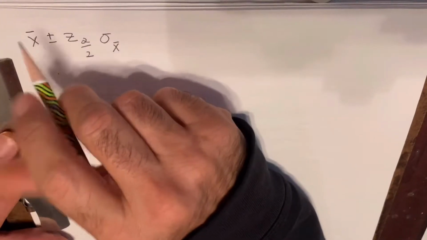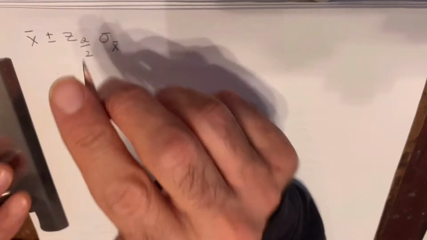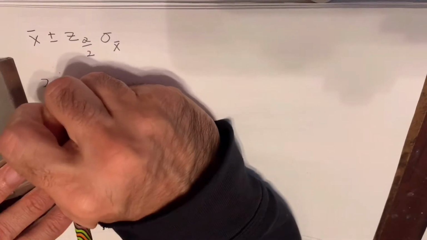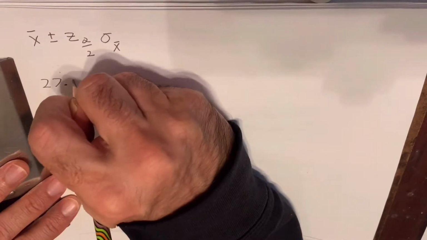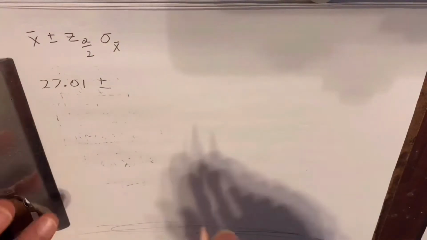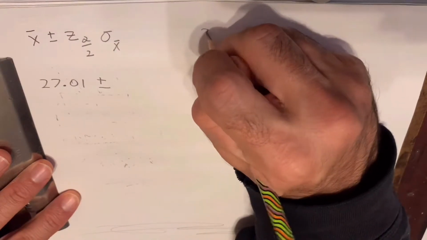We already saw that the sample mean was observed to be 27.01, and we know that we want the 95% confidence interval.